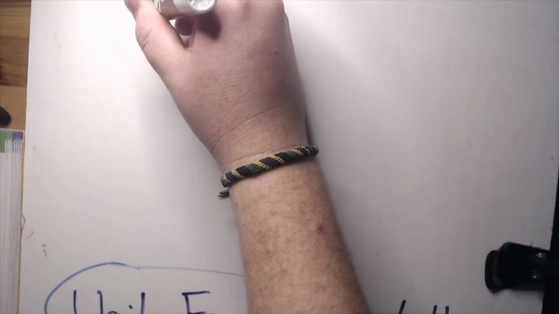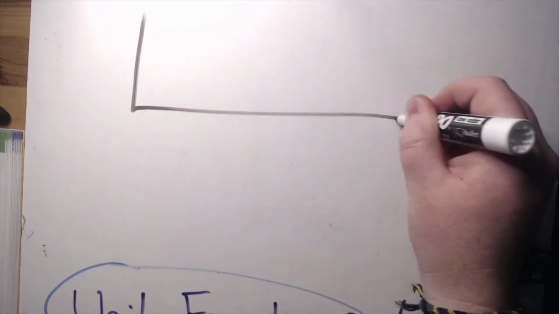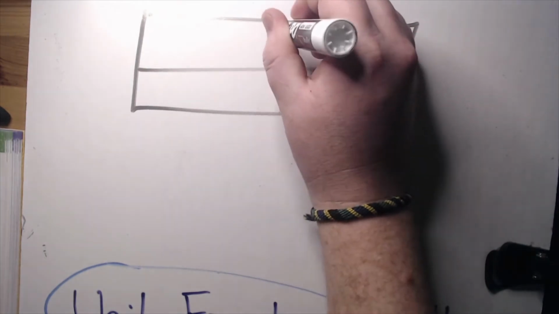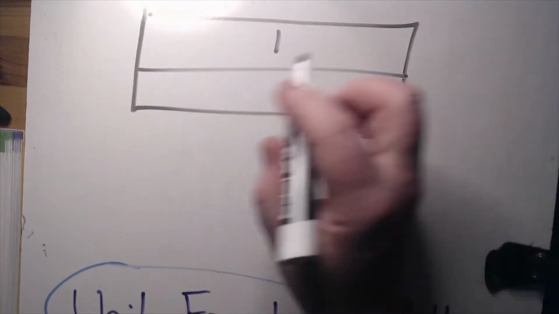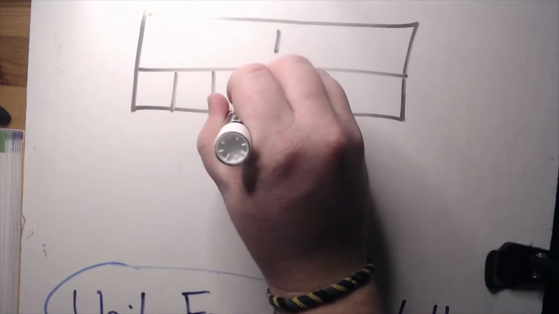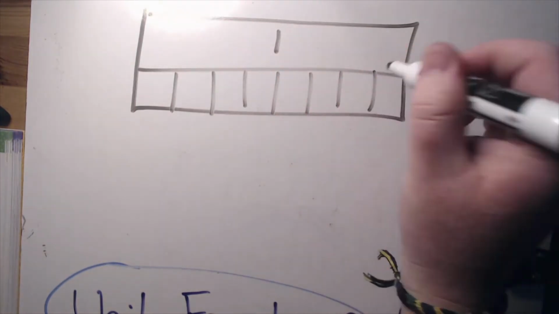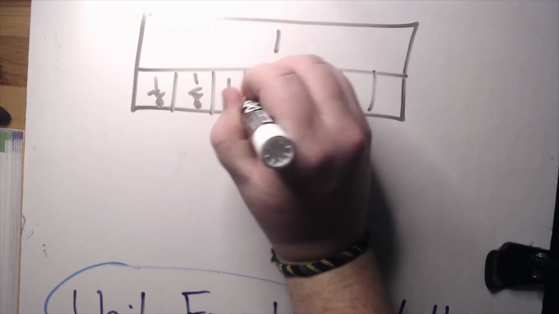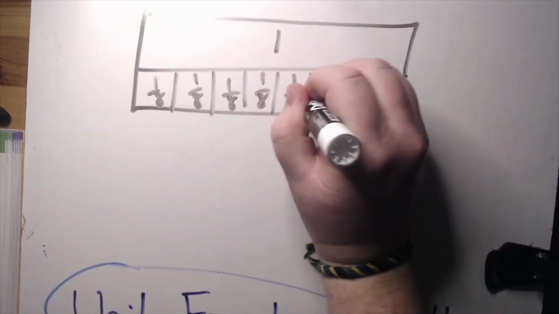Okay, so let's take another look. Let's give another example before we move on from unit fractions. If I were to make a strip just like this, and this whole length here is one whole, but let's do 1, 2, 3, 4, 5, 6, 7, 8. So each one of these is worth 1/8 of a whole.